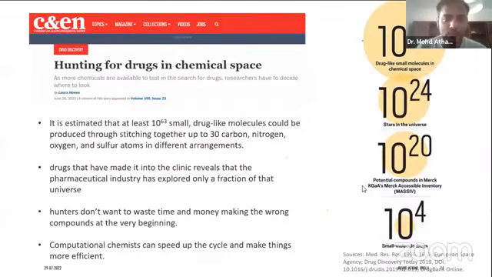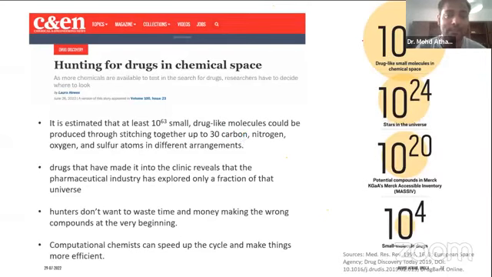Now I will give you a glimpse of the field from the perspective of a computational biologist or a computational medicinal chemist. You can think, if you just switch carbon, nitrogen, oxygen, and sulfur, you can have 10 raised to the power 63 combinations of molecules. This is the bigger chemical space just by having 30 atoms.